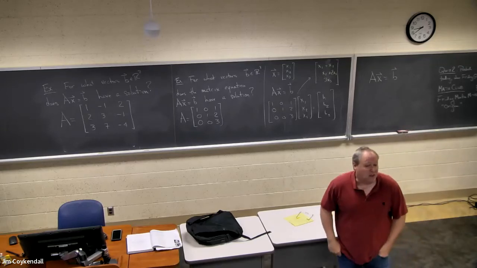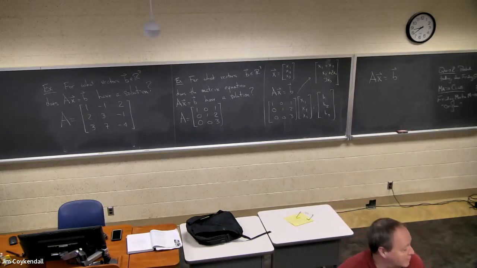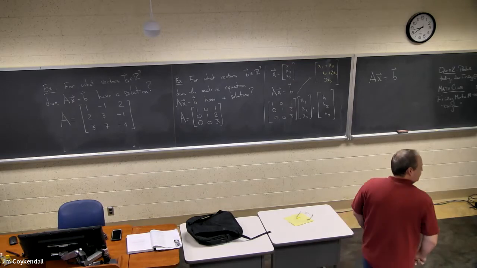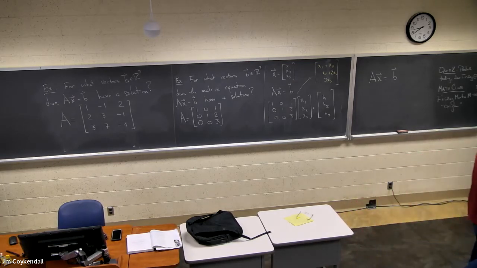I'm not even going to tell you what the matrix is. I'm going to keep it a secret for now. I know one value of the vector B where I can solve this, no matter what. Can anybody tell me?